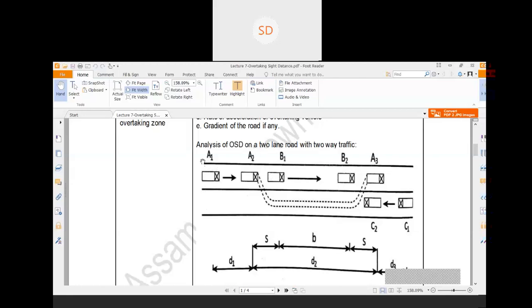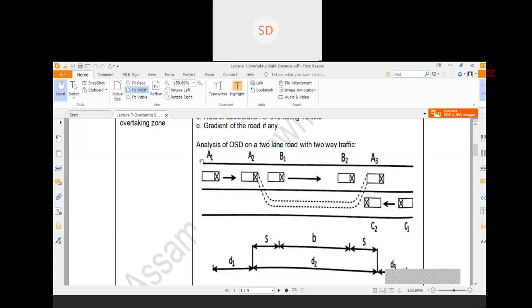As this is a fast-moving vehicle, its priority would be to overtake the vehicle. Otherwise, it has to reduce its speed to maintain a distance from vehicle B. Now, how will this overtaking operation take place?